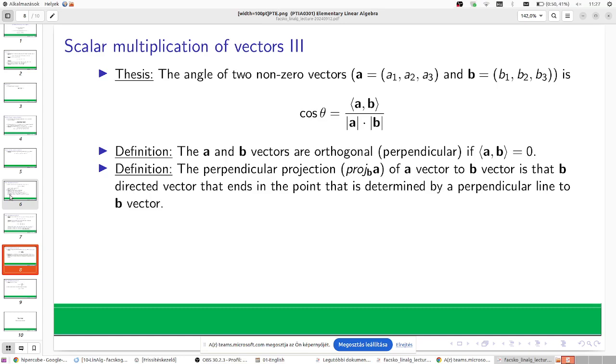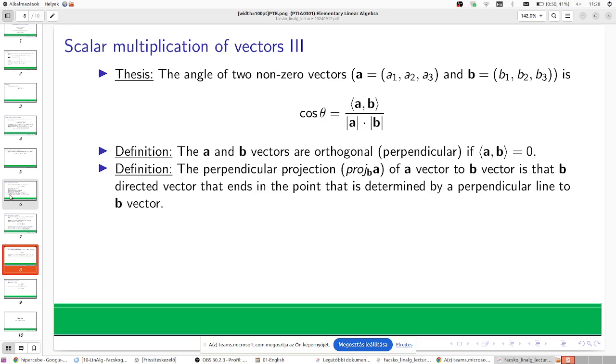I wrote vectors, but imagine you have components, and you use this form. So I use this form, and the result is 0, then the two vectors are orthogonal.